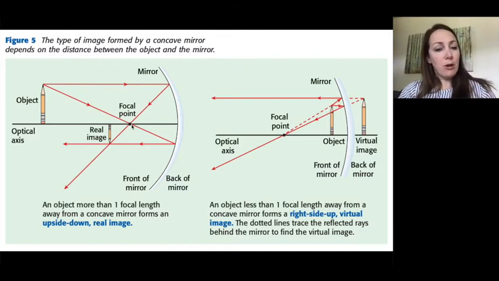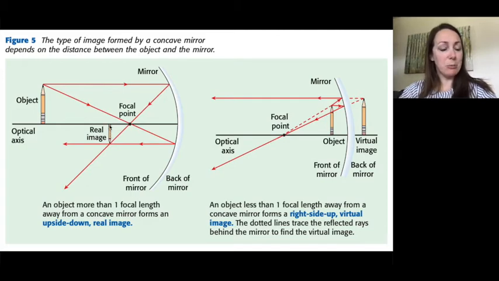So if you'll remember, our focal length is from the mirror to the focal point, okay? Our object that we're focusing on, that we're looking at, is this pencil all the way out here. So because it is more than one focal length away from that mirror, what we get is an upside down real image of the pencil.